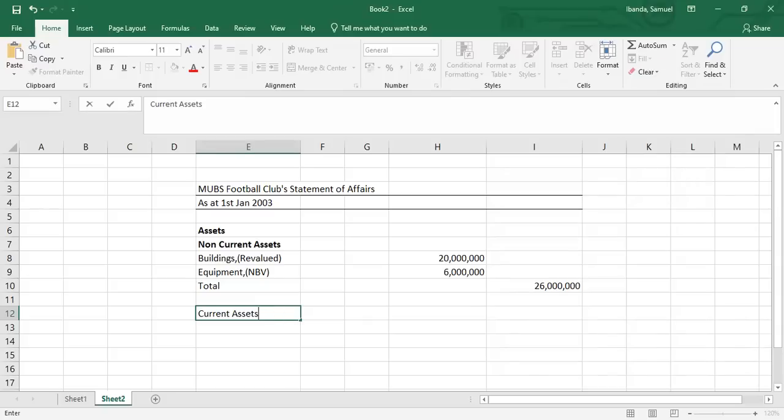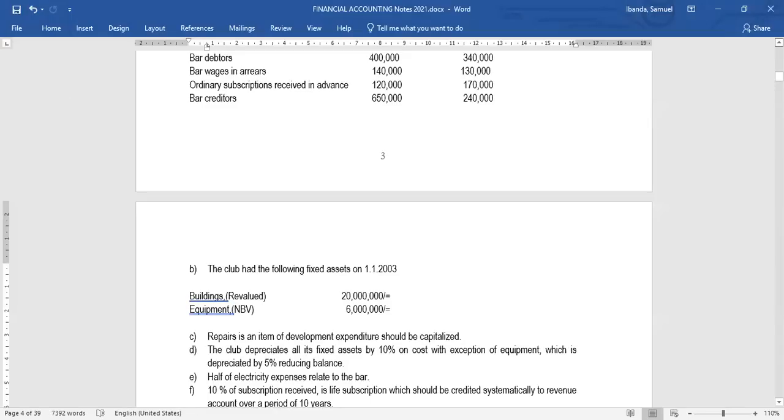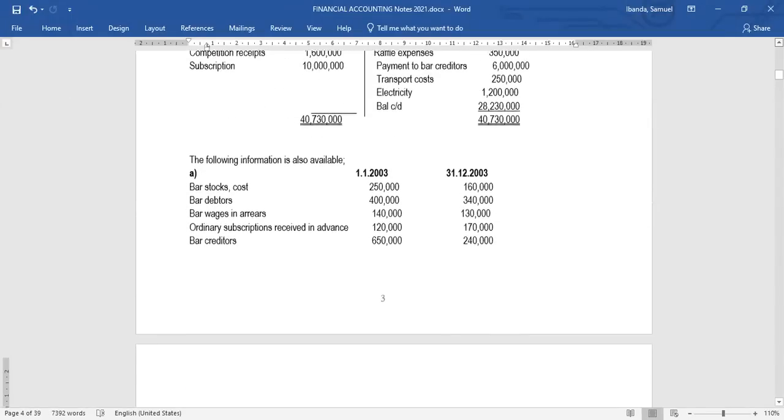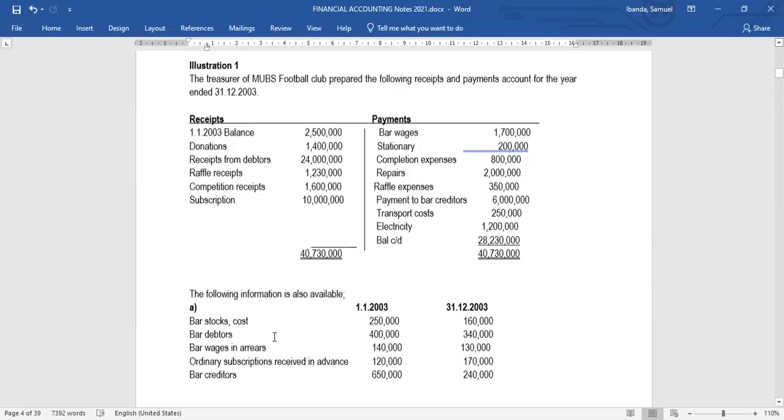We shall look at our current assets. When you look at the information that has been provided, the current assets are mostly these that we have here. Remember, they have given us figures as at 1st January 2003.